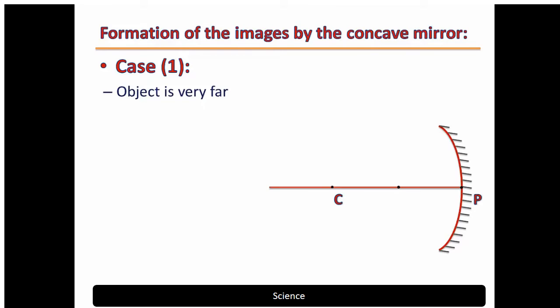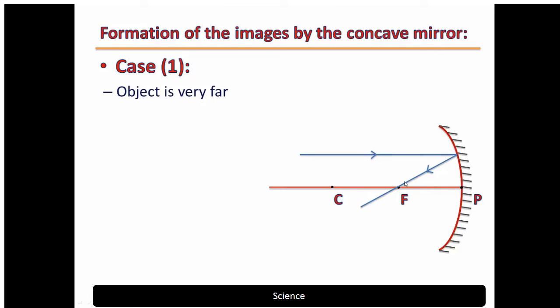First of all, we will bring our compass and by using it we will draw an arc of radius equal 6 cm. By using the ruler, we can put the focus after 3 cm from the center of mirror curvature. The object is too far, so we have incident parallel rays parallel to the principal axis.